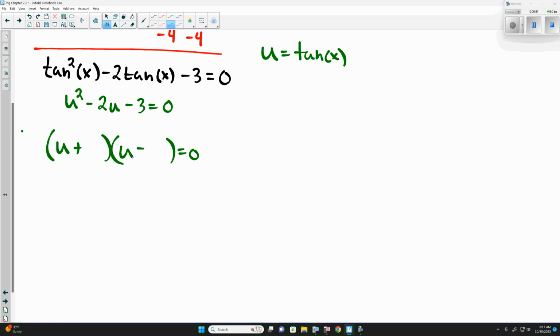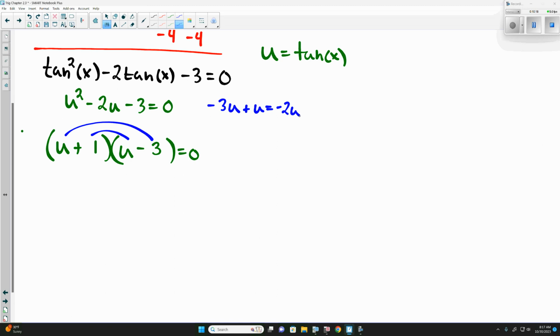Now, since the middle term is negative, we'll probably want the bigger term to be negative. And that works out quite nicely because the numbers in front of you are both 1 and 1, so it has a bigger impact on it. And if we did check this here, u times -3 would be -3u. 1 times u would be plus u, which does indeed give us the -2u we wanted. So that's it.